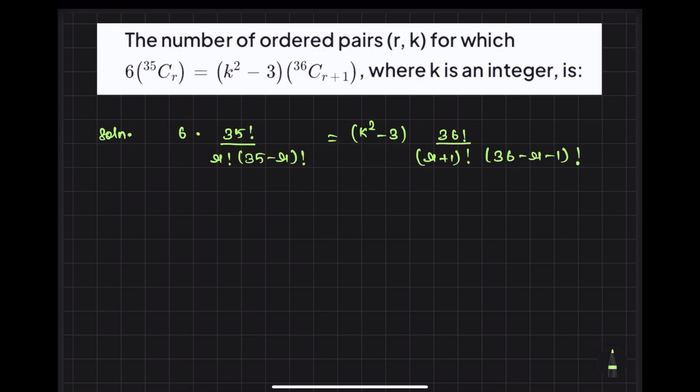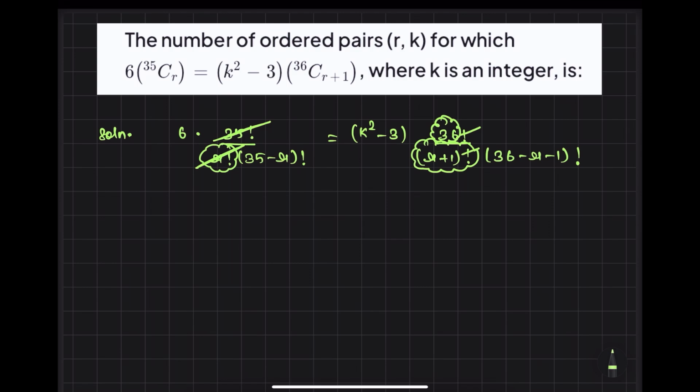Now let's do the simplification part. 35 factorial and 36 factorial leave us with the number 36. Here we have r factorial and (r plus 1) factorial; r factorial is the smaller one, so it cancels and we are left with r plus 1.